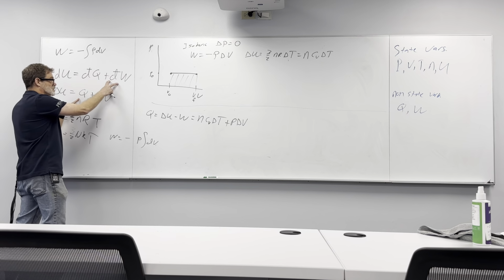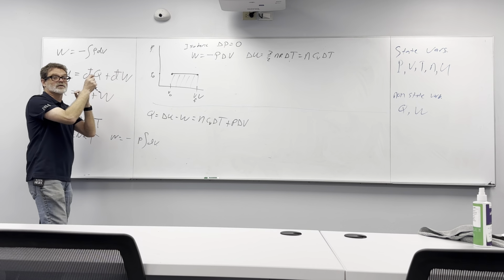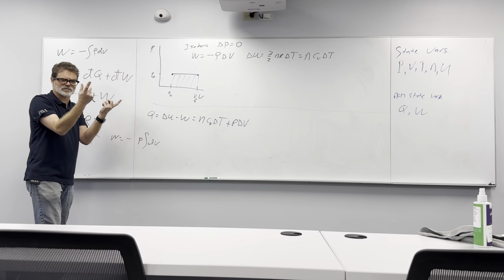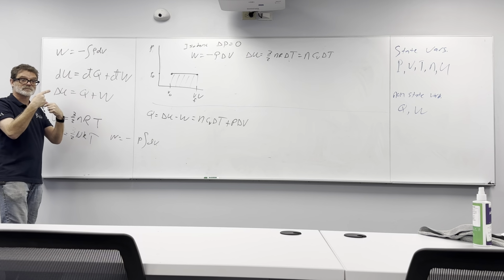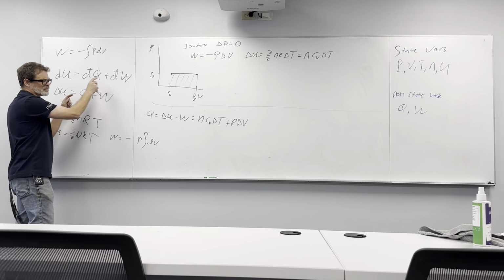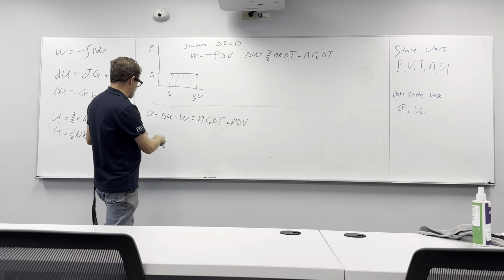Because these aren't state variables, they don't change, really. This is a change because it's a state variable, it's changing. So that's why the lines over there signify it's different. Good question. All right, so we have this.